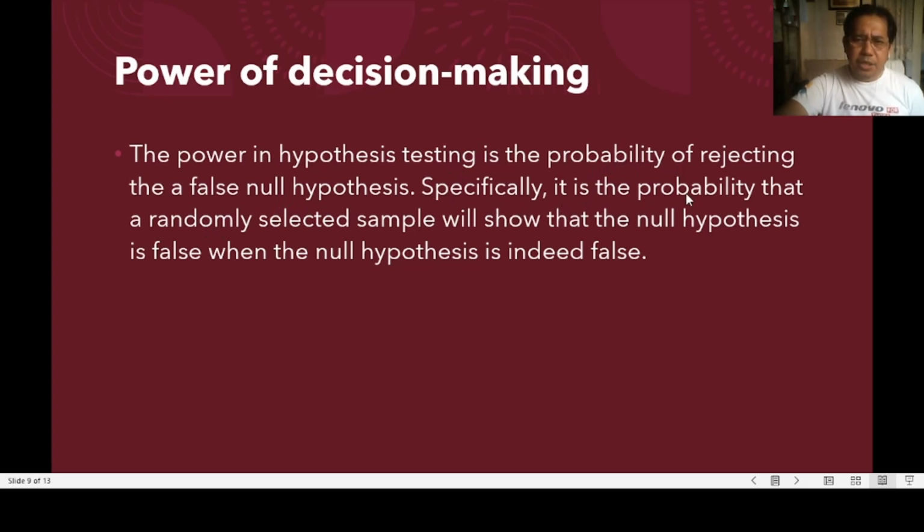Specifically, it is the probability that a randomly selected sample will show that the null hypothesis is false when the null hypothesis is indeed false. So that is the meaning of the power of decision making.